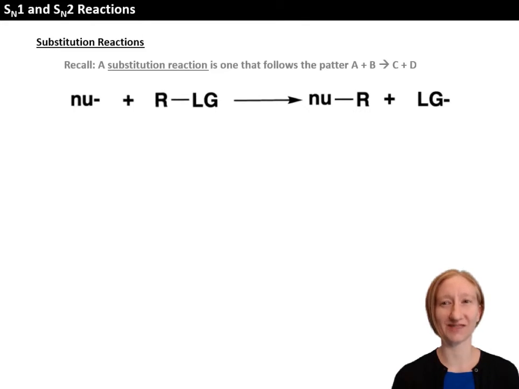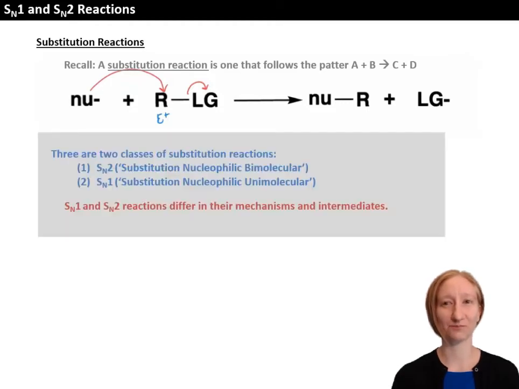There are two mechanistic components to this reaction. When we draw reaction arrows, we draw two arrows. One arrow shows the nucleophile attacking the electrophilic carbon, and the other shows the leaving group leaving to form an anion. The difference between our two classes of substitution reactions is the order that these two steps happen in.